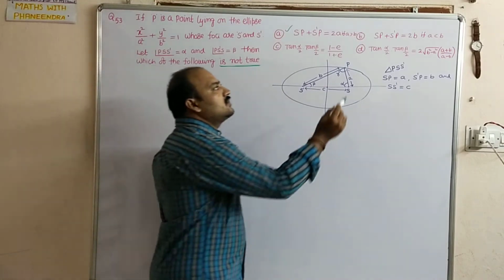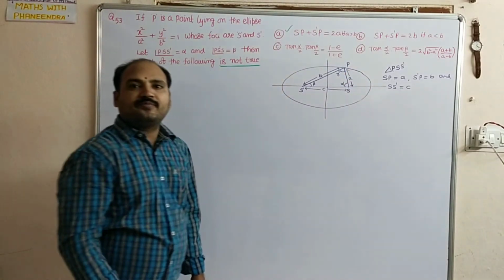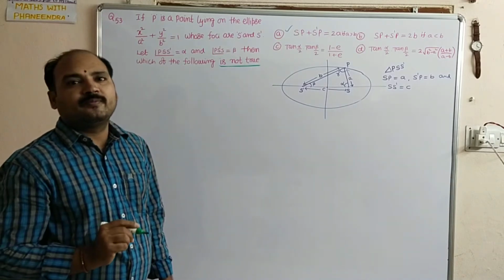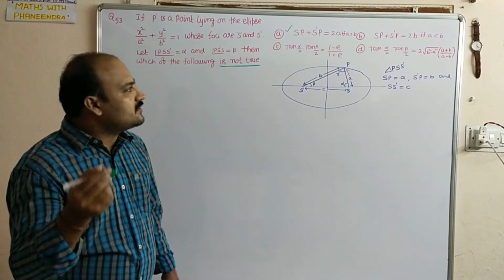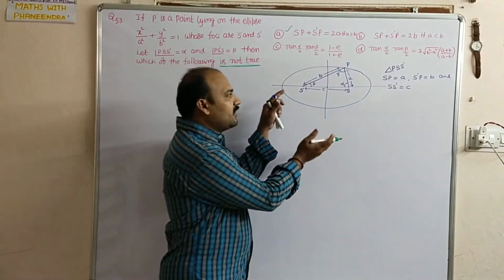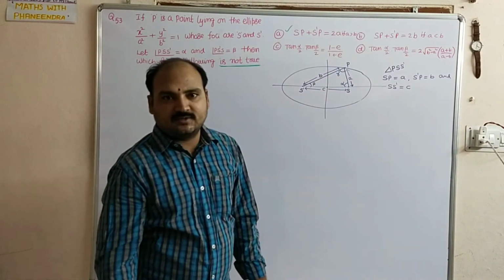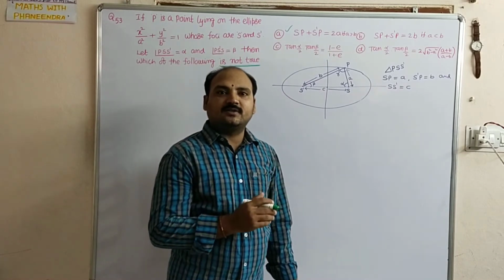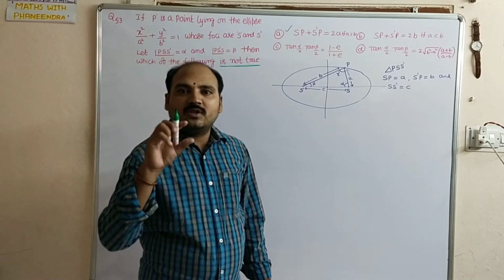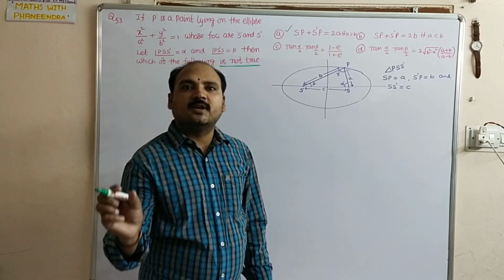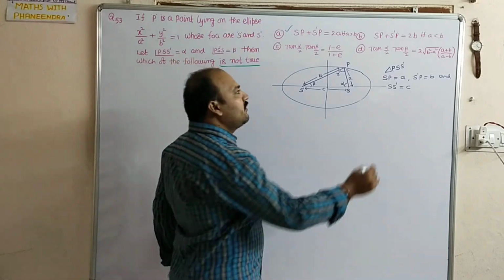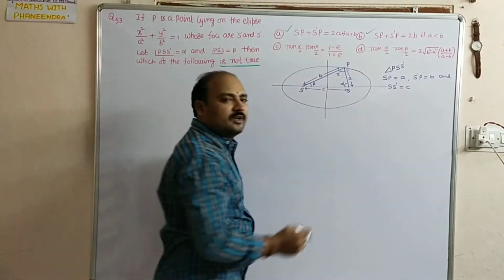Next, second option: SP plus S dash P equal to 2B if A is less than B. That means whenever the figure rotates 90 degrees, A is less than B. Even there also, the sum of the focal distances is equal to 2B if A is less than B. This is also correct.